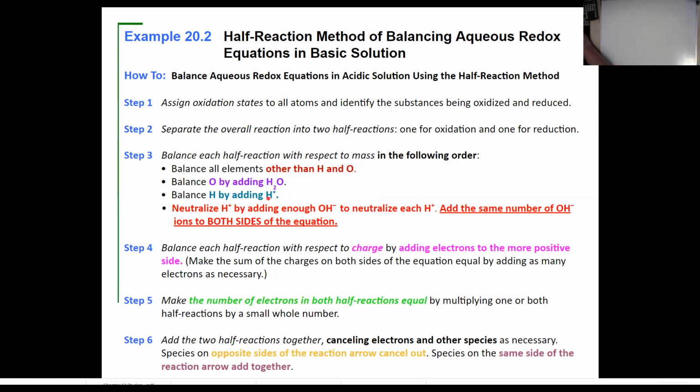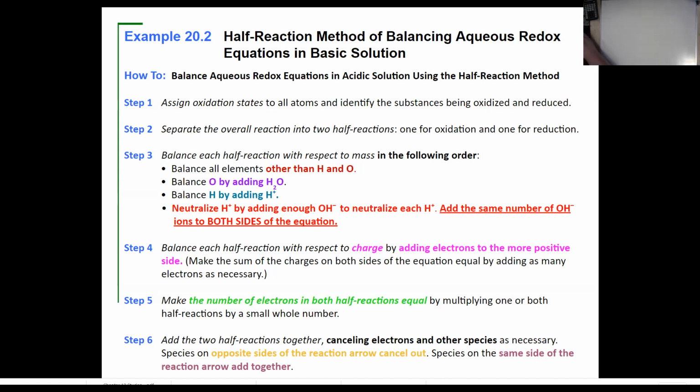The side of the reaction that has the hydrogen ions is going to end up with that many water molecules, because hydrogen plus hydroxide gives us water. The other side of the reaction will end up with hydroxide ions, which represents a basic reaction. It's not as hard as it sounds.